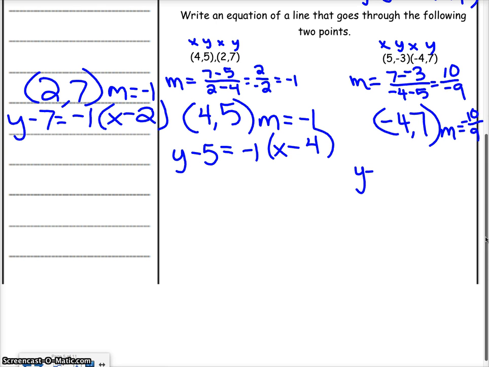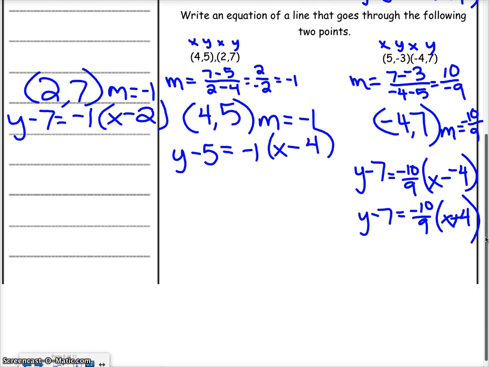Y minus the y I'm given is equal to my slope times x minus the x I'm given. Yep, change that to plus. Y minus 7 equals negative 10 over 9 times x plus 4.